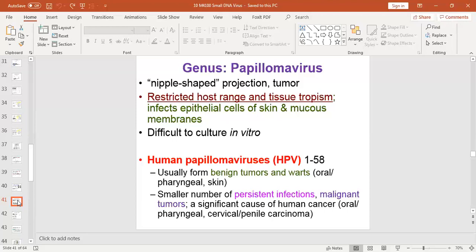And these viruses are a significant cause of cancers in humans. These cancers can be oral or pharyngeal, as well as cervical or penile carcinoma. Cervical, we see in females, and penile, we see cancer or carcinoma in the penis of male hosts.